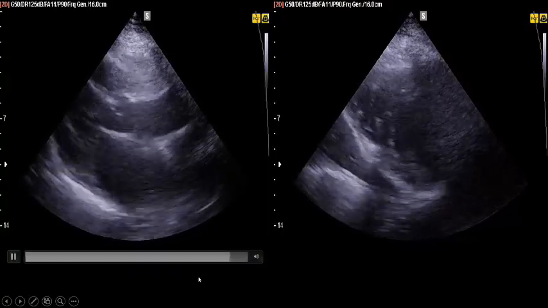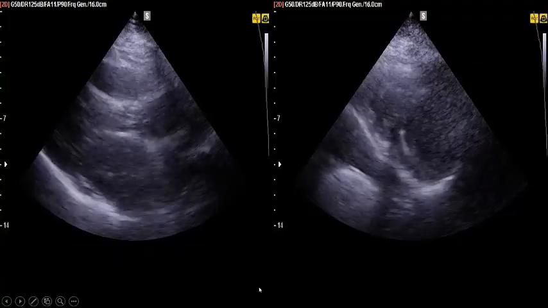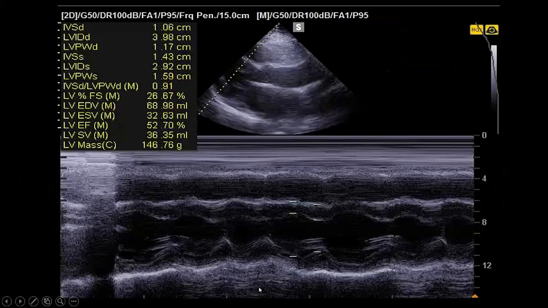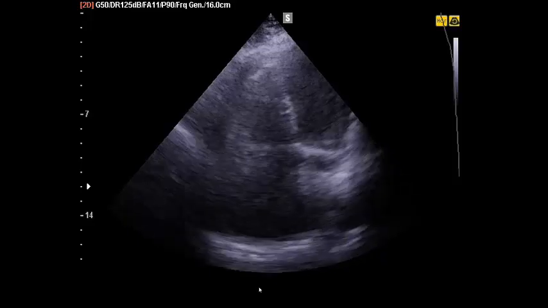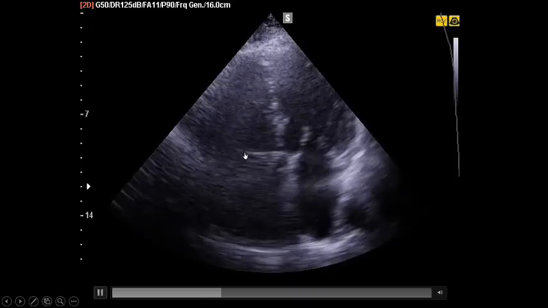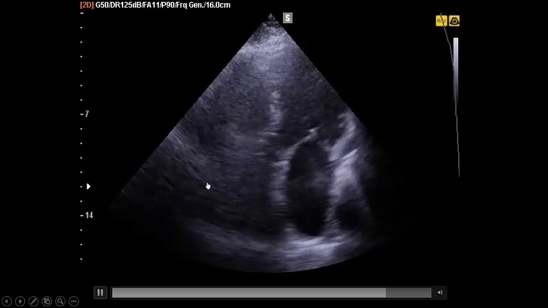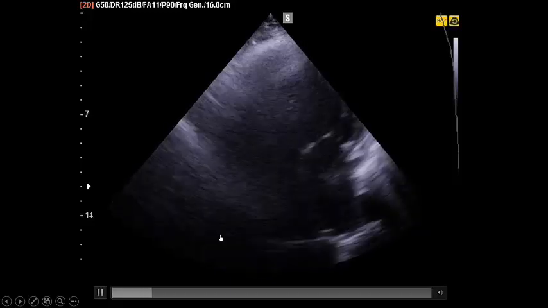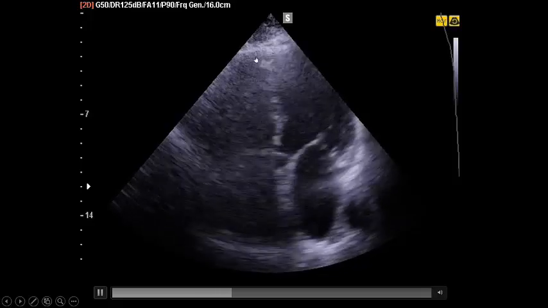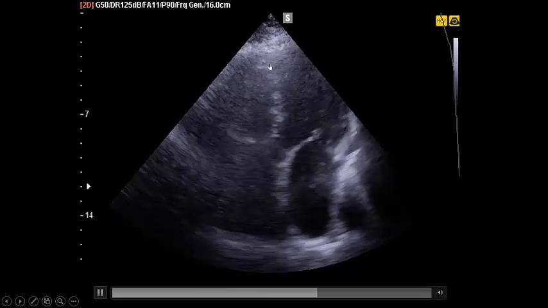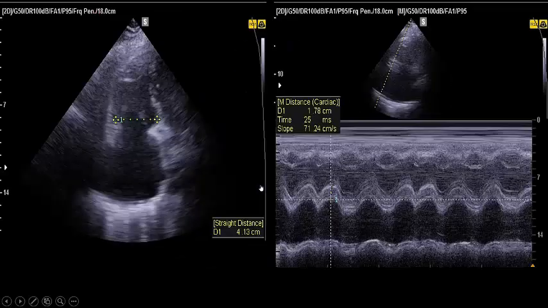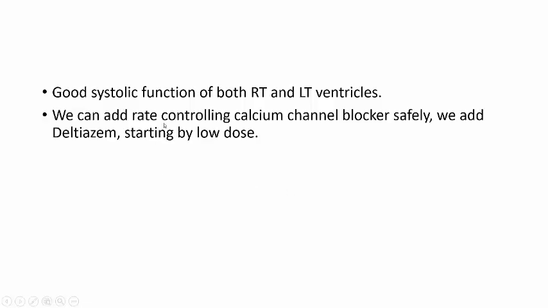Okay, systolic function of the left side by visual assessment is good, and M mode also is good. And here on the right side, visually TAPSE is good. The upward movement of the tricuspid annulus is good. Thickening and shortening of the left ventricle is good. TAPSE is normal. That means good systolic function of both right and left ventricle.